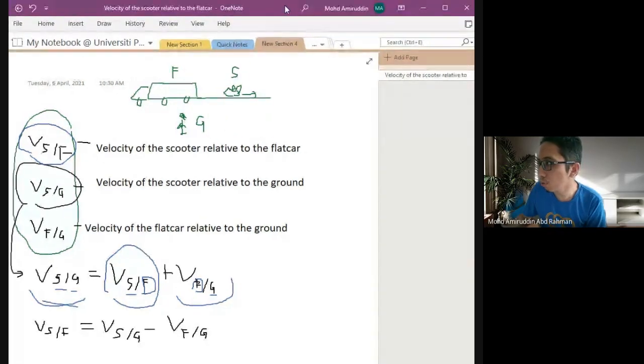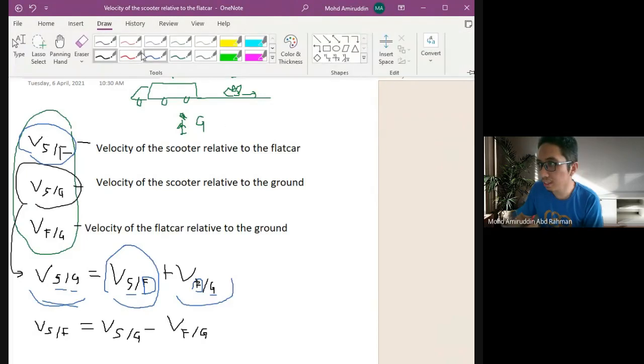So what we were given is velocity relative to the observer on the ground. For the flat car to the observer, we are already given VFG.